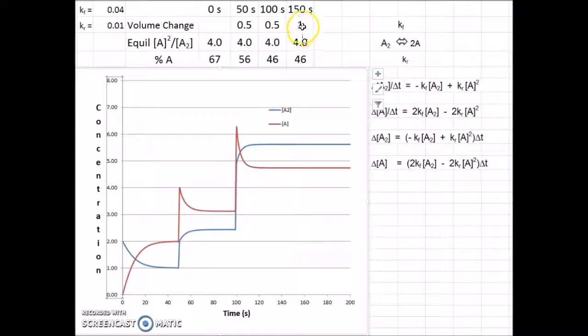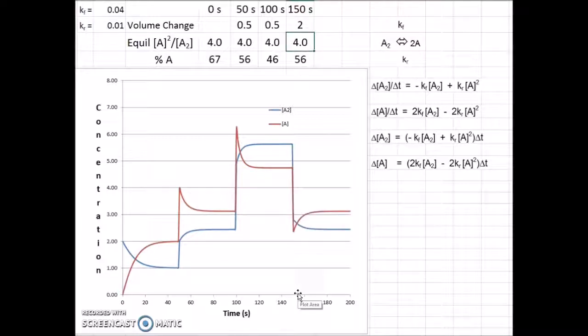Now, let me go the other way. In the last increment, let me double the volume. So I'll put in 2 liters, and you can see that the equilibrium shifts in the other direction now, and we went from 46% A to 56.